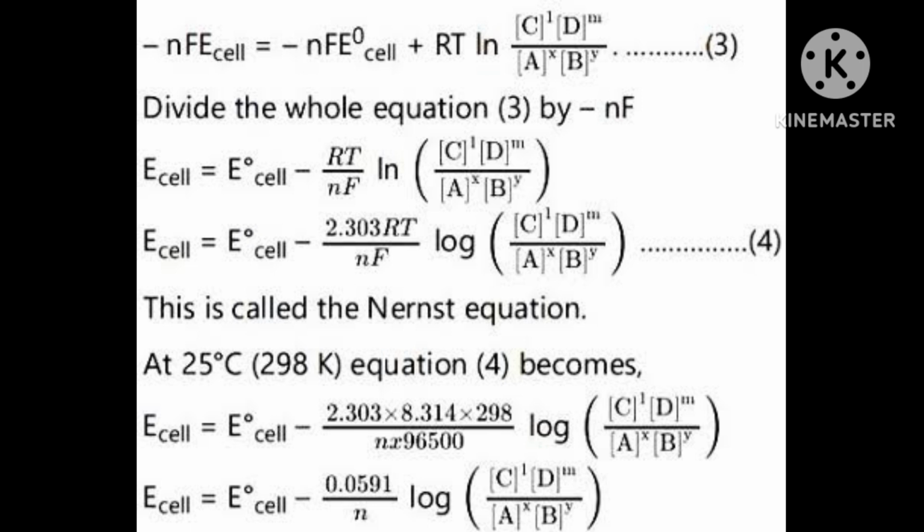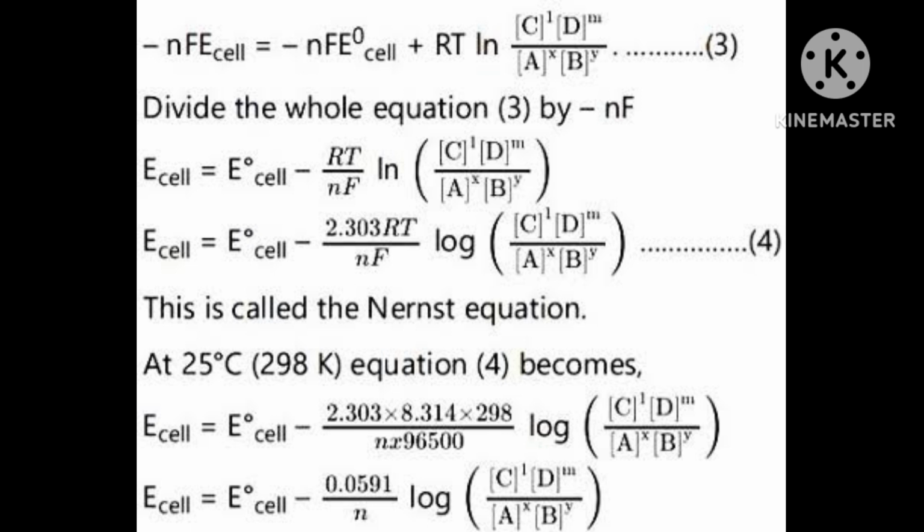Now easily you can write Mg2+ oblique Mg, the anode you have written. Then two vertical lines, that is for the salt bridge or separation. After that you write silver, Ag+, and Ag+ is converting into metal, so Ag+ oblique Ag.